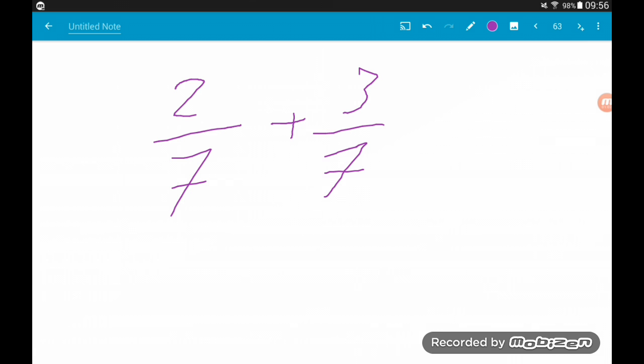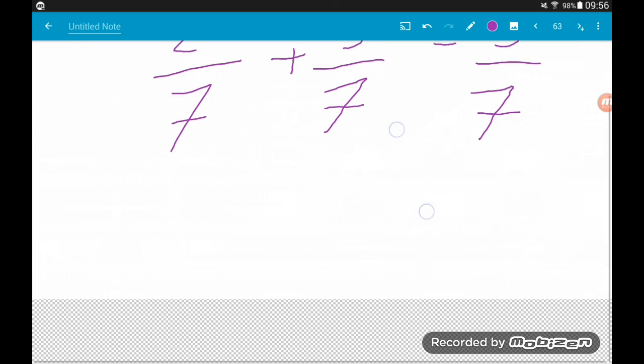We just simply add the tops together. So 2 plus 3 is 5, and then the bottom is still just 7. So you never add or subtract the denominators. If they are equal, then you do absolutely nothing with them.